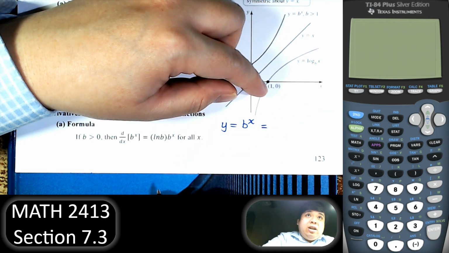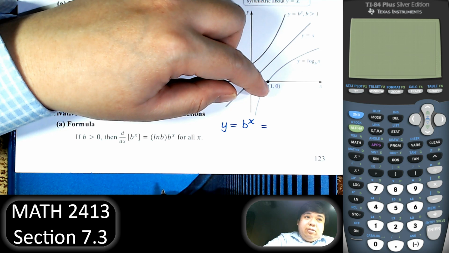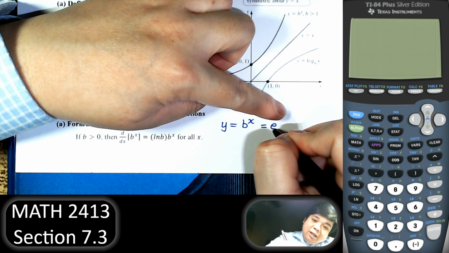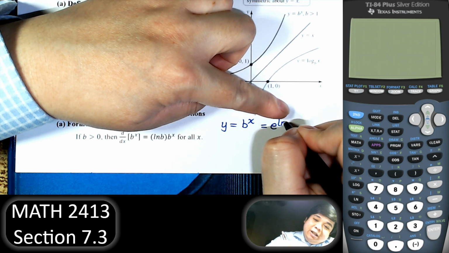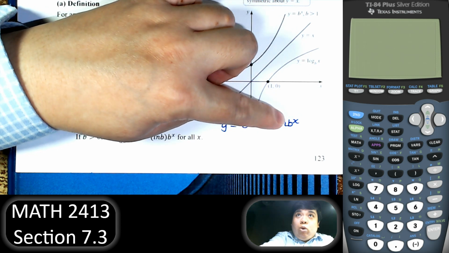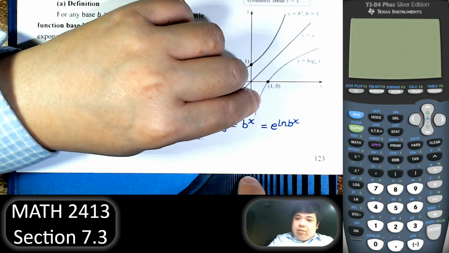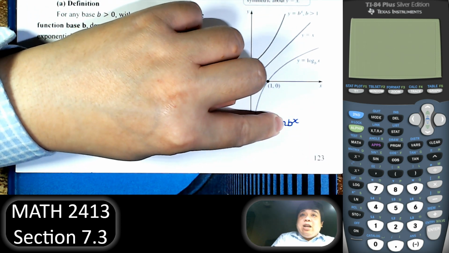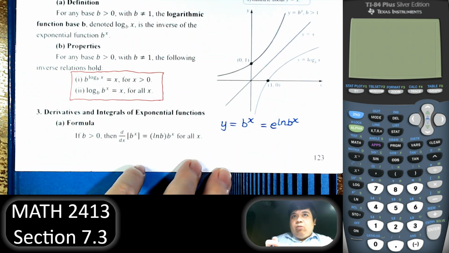So we have to rewrite this as something that we can find the derivative of. So how about e to the ln of b to the x? Because when we write it like that, e and ln cancel out, and we have b to the x, right?